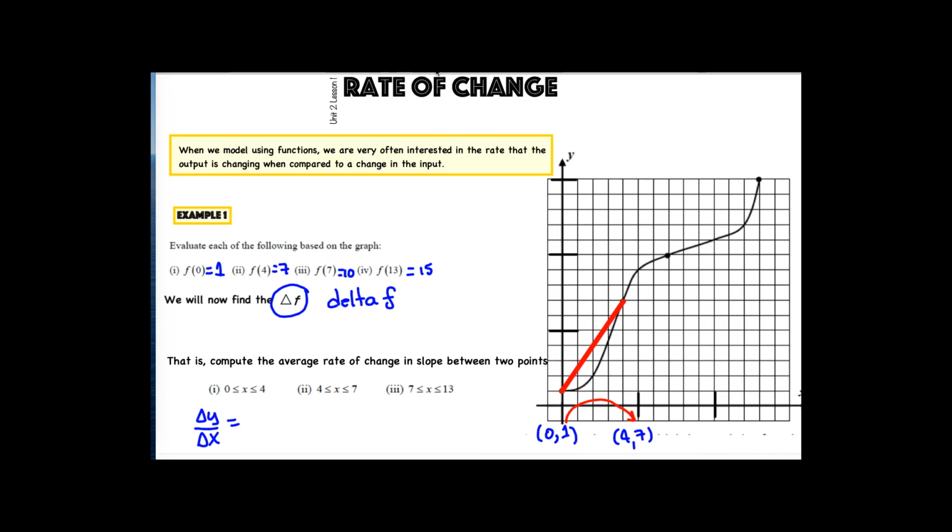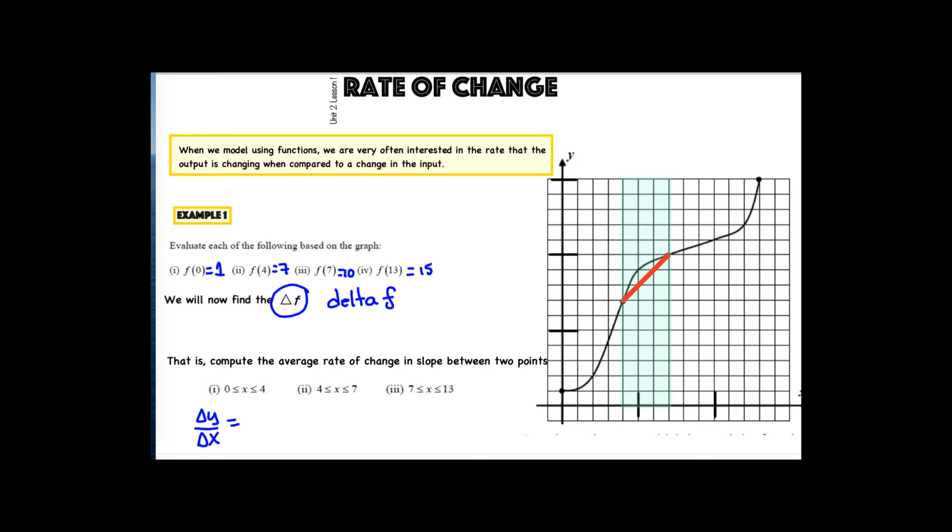So for the next one, I want to see what my rate of change is between 4 and 7. So basically what they're asking me to do is they are saying, hey, we're going to look at this interval right here. We're going to look at this interval from 4 to 7, and we want to see the slope.